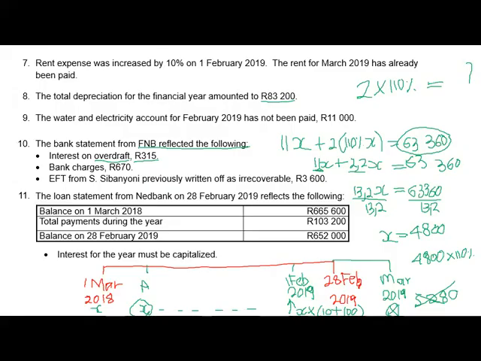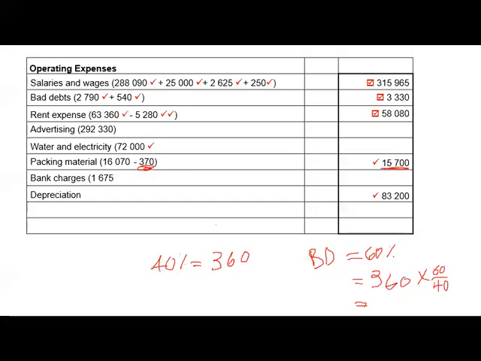Then we'll go to bank charges. Bank charges will increase our bank charges in our statement of profit or loss, which is an expense. Our expense bank charges will increase by that amount, which is 370. Okay, what did I miss here? Bank charges. It's 670.